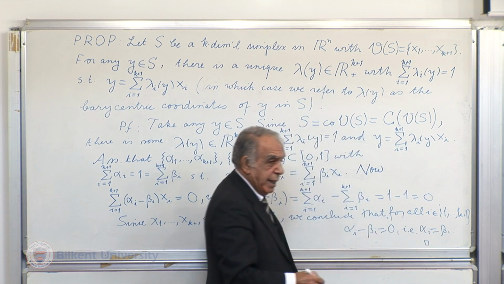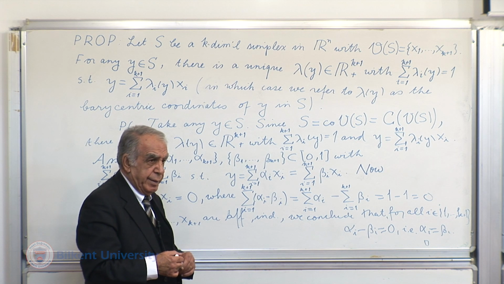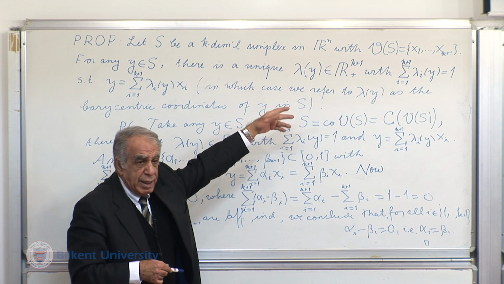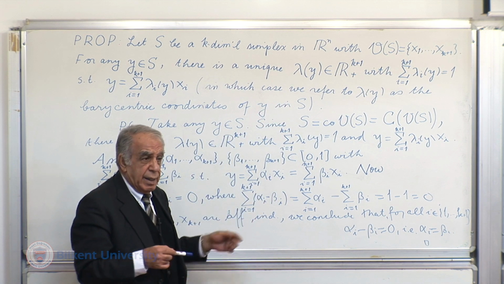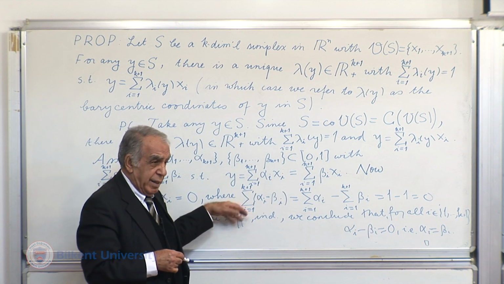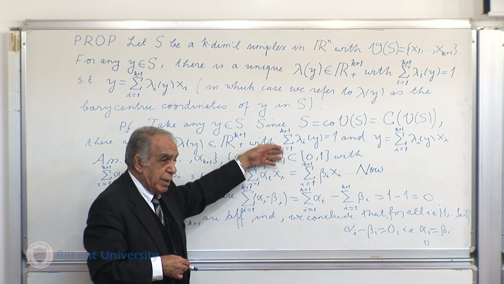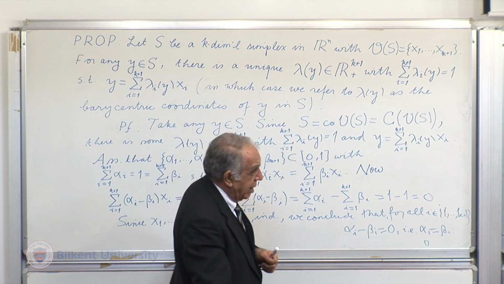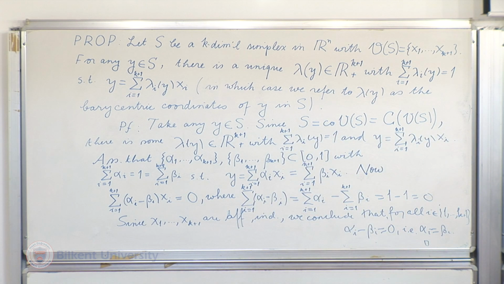So that shows the uniqueness. If these were not affinely independent, x1 up to xk plus 1, we have seen then it will have a convex combination representation, but that will not be, in general, unique in the absence of affine independence.